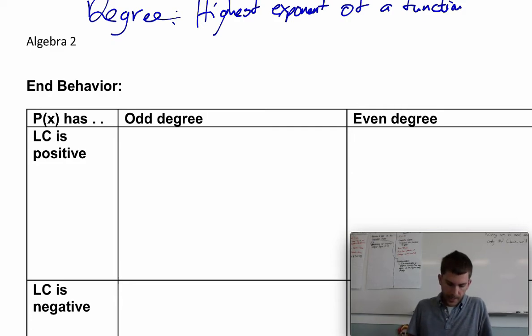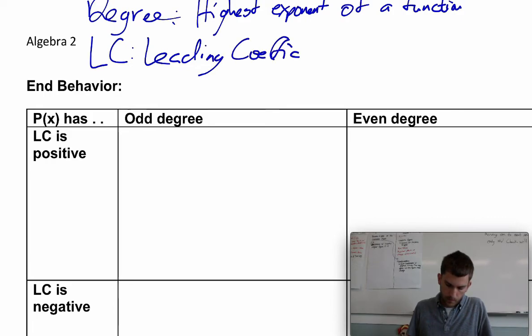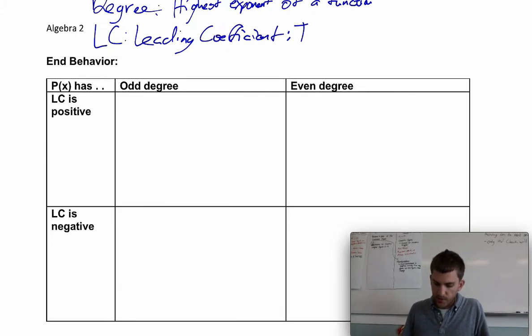Now, the LC, that is short for leading coefficient. The leading coefficient is, and I'm going to use some generic terms here again, the number in front of the first term.